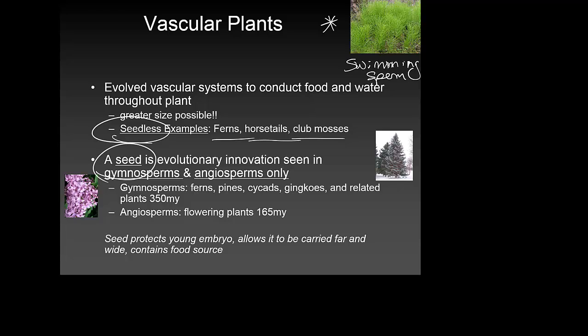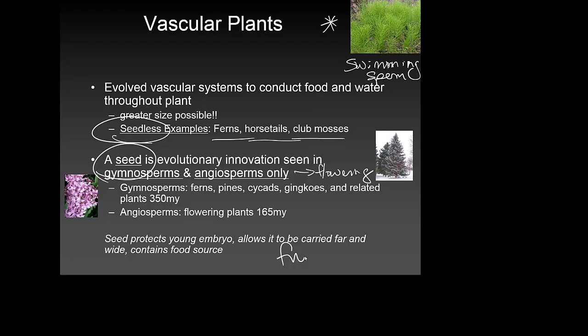So we end up at gymnosperms and angiosperms, angiosperms being flowering plants. So that distinguishing feature of a seed then becomes very important for moving these plants even further away from the water, but also allowing a terrific movement of these plants as far as dispersal across the ground because of the seeds themselves.